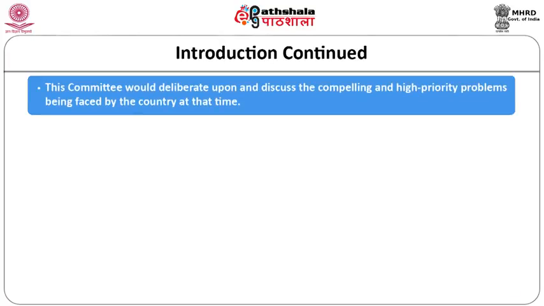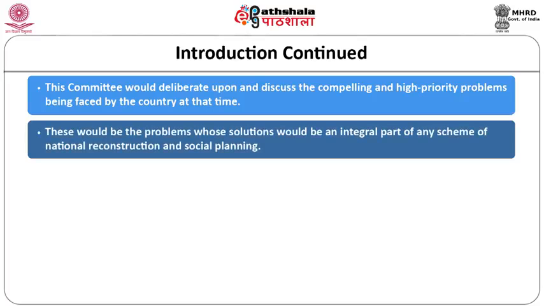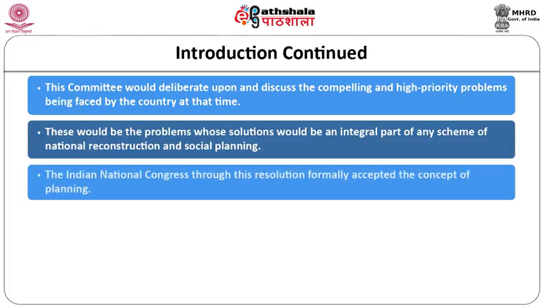This committee would deliberate upon and discuss the compelling and high priority problems being faced by the country at this time. These would be those problems whose solution would be an integral part of any scheme of national reconstruction and social planning. The Indian National Congress, through its resolution, finally accepted the concept of planning.